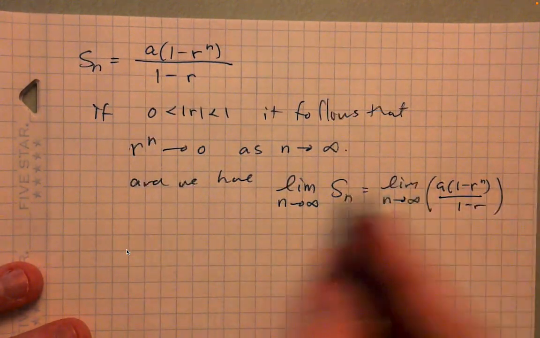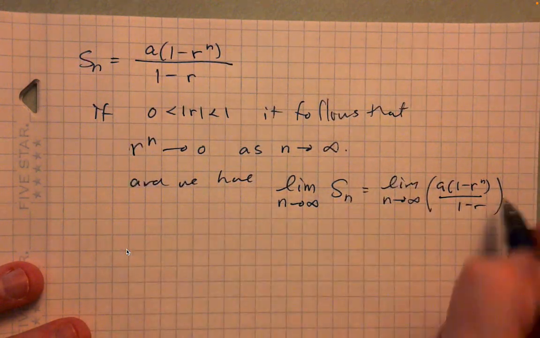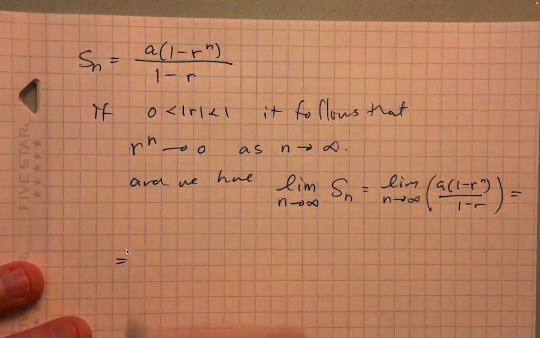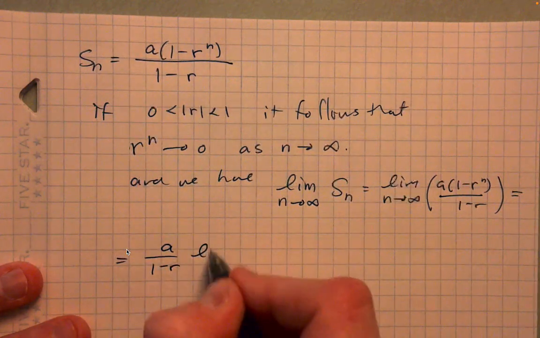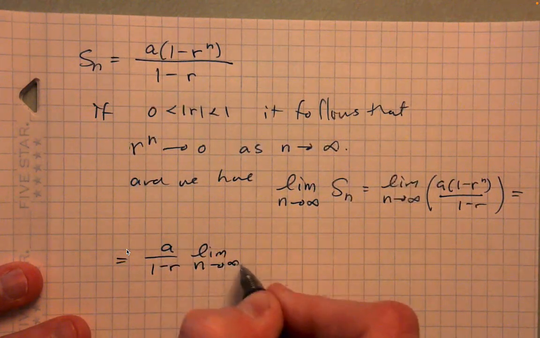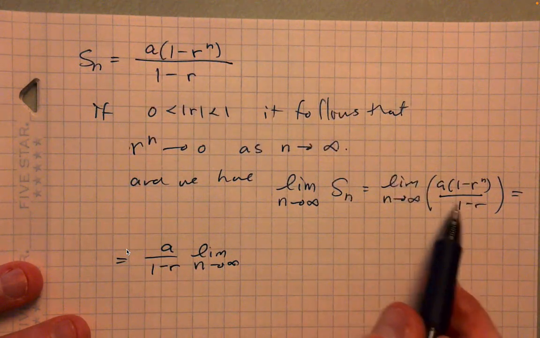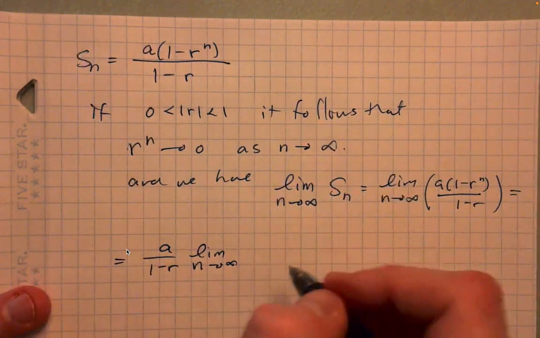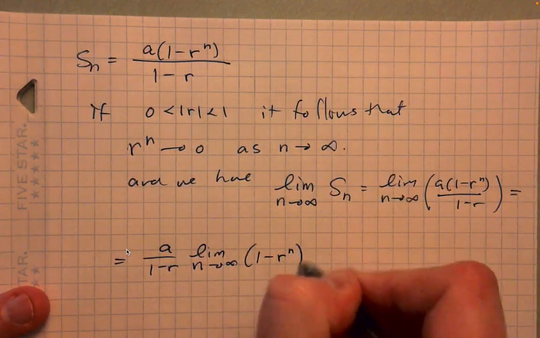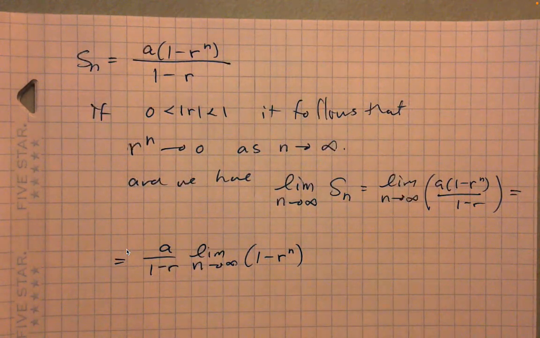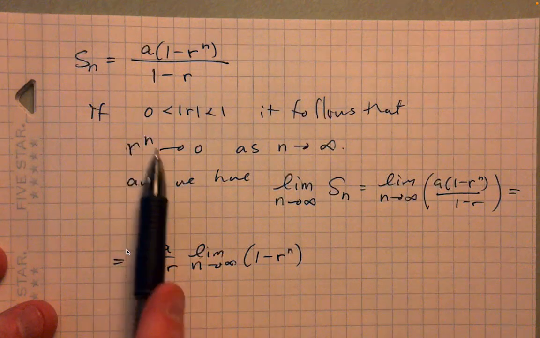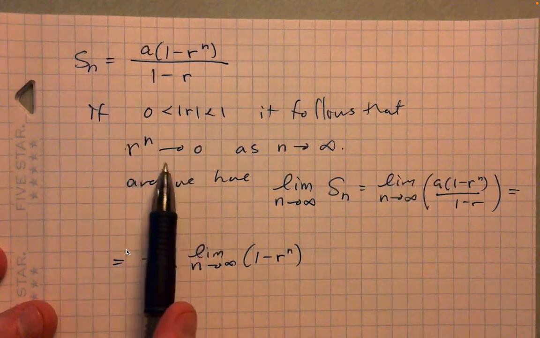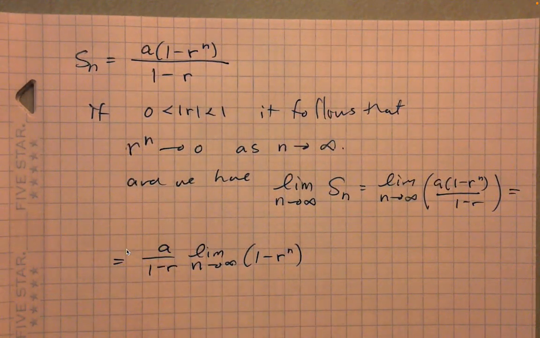All right, so let's think about what this is. All right, so this is equal to a times 1 minus r. We pull that out. Okay, pulling that piece out, and then what we're left with is 1 minus r to the n, right? We know that r to the n will go to 0, but what happens in the limit in total?